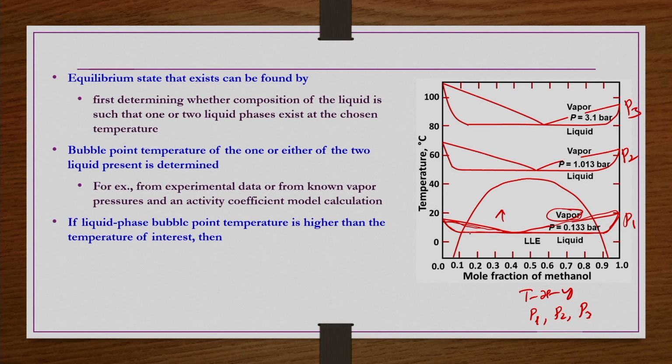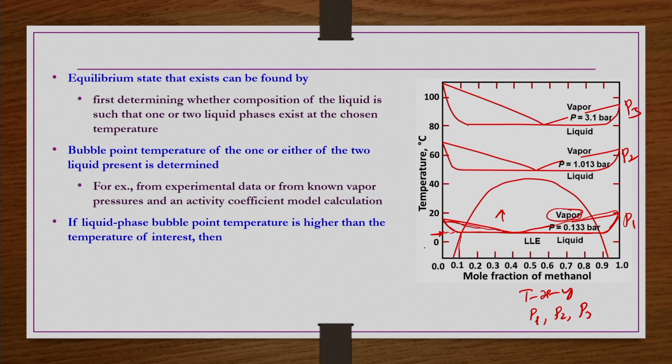Above this one we have the vapors, and then below this one we have the liquid. So, let us say if you take this one, this is at this 0.1 composition, this is the corresponding temperature where the first bubble is forming. Below that it is in the liquid phase, right.